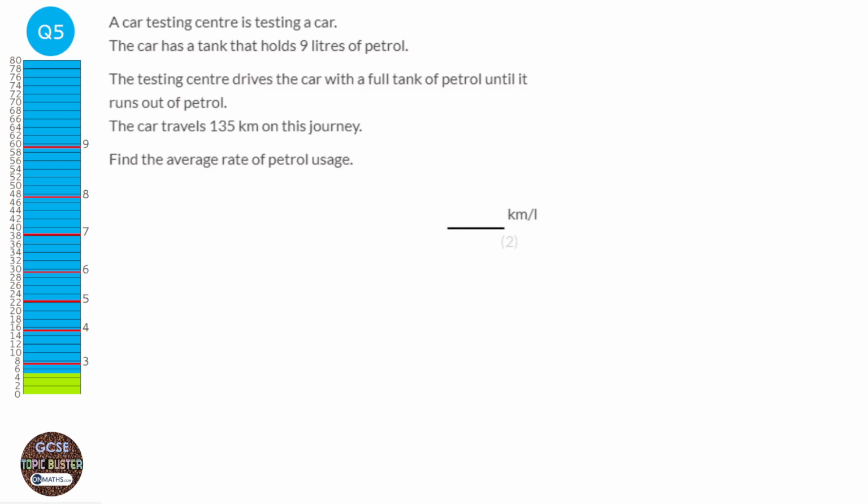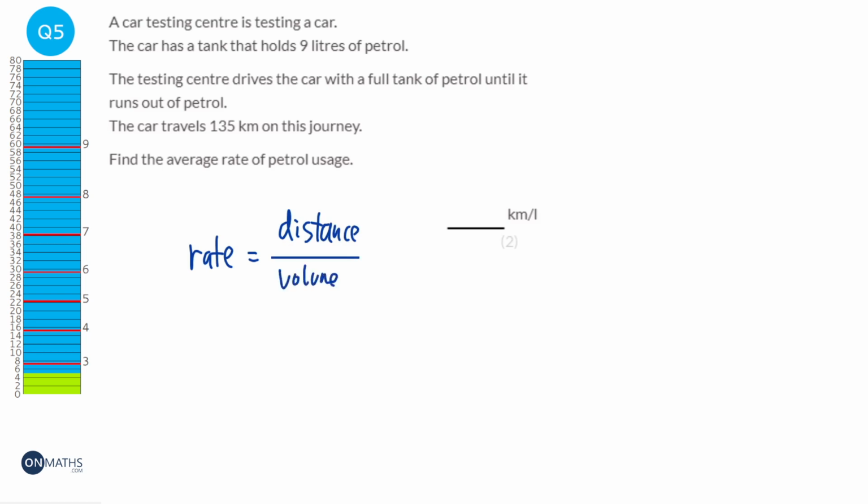To find the average rate of petrol usage, which I'm just going to call rate, we're going to get the distance travelled by the car, and divide that by the amount of fuel used, so the volume of the fuel used. The distance was 135 kilometres.